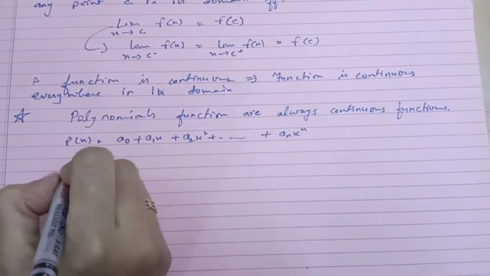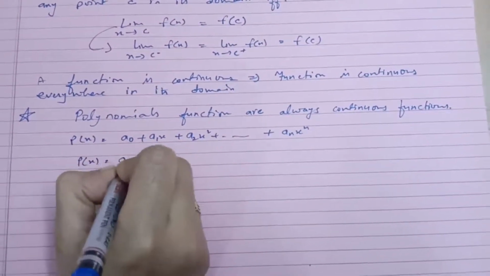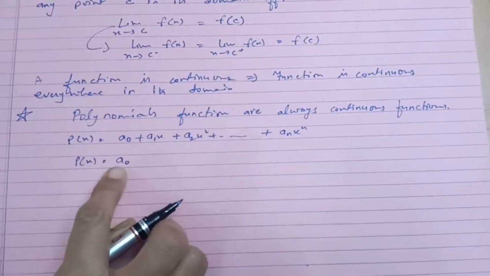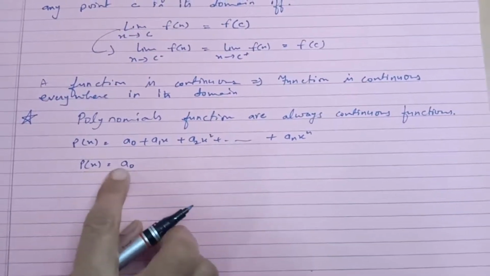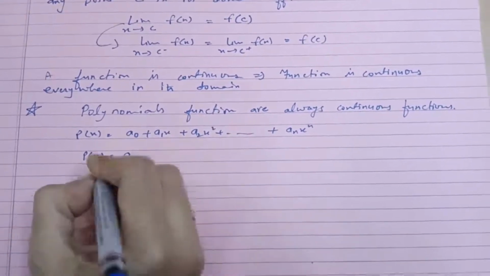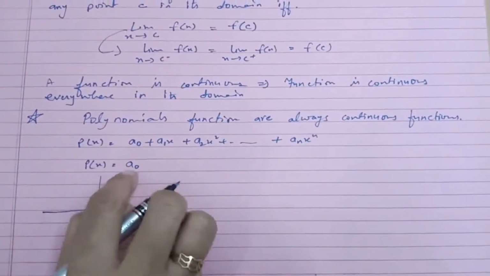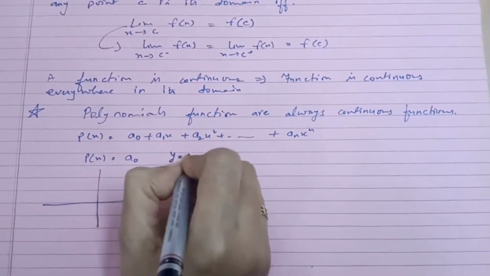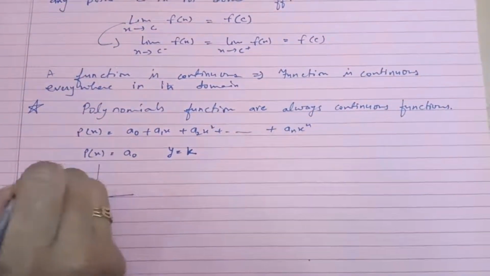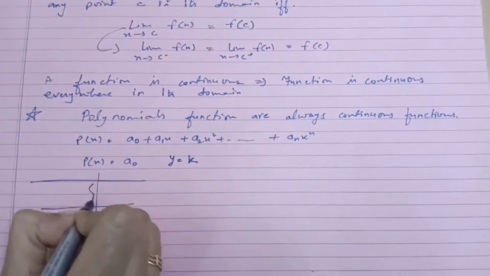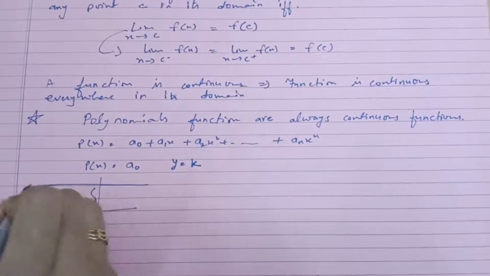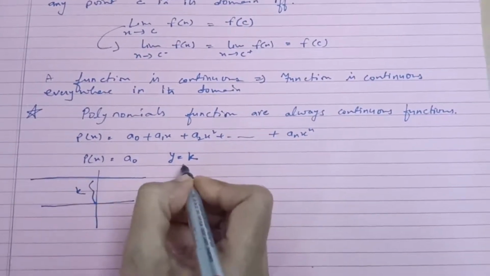You know that if I say only a0, it means it's a constant function, y equal k. If I am going to draw this, a common criteria I am saying, which kind of graph will come if I say y equal to a constant: parallel to the x-axis. Suppose this is a k distance, so this is a continuous function. Okay, it's a constant function.